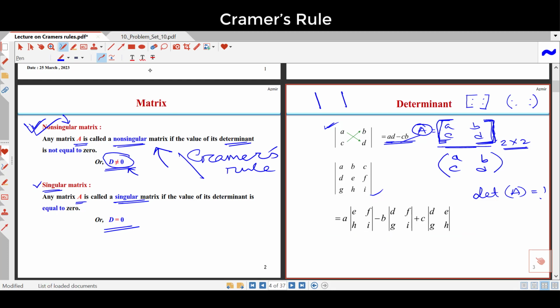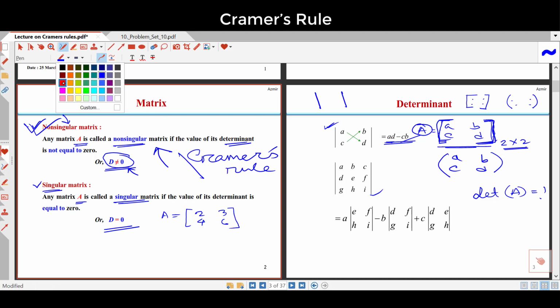First of all, you need to know what a minor and a cofactor of an entry of any matrix are. Suppose you have a matrix 2, 3, 4, 6.